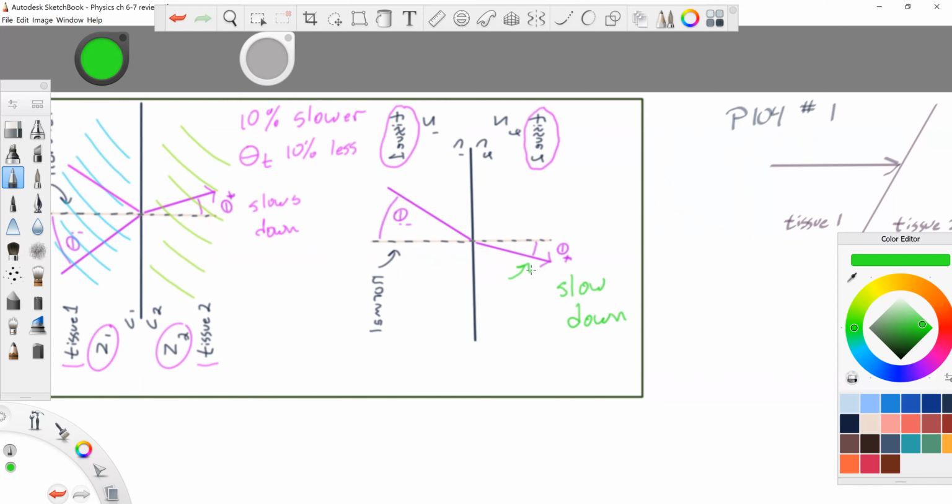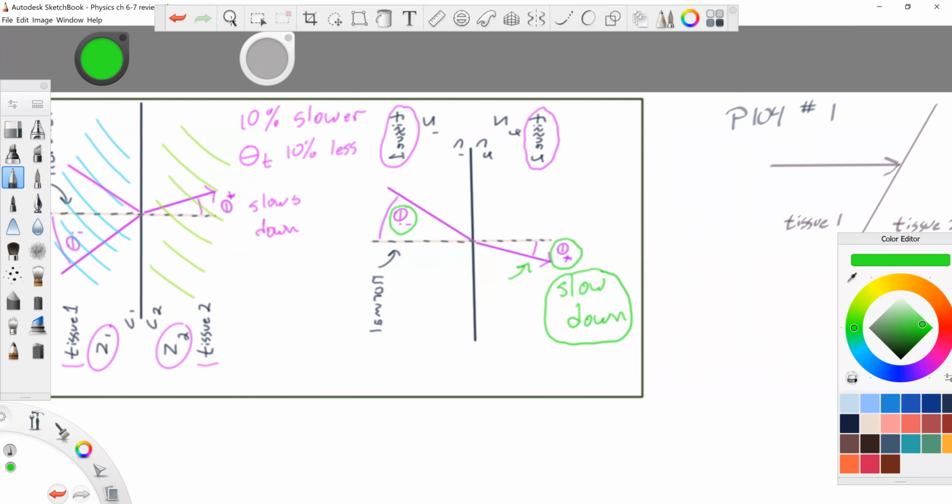Well, it's only up in the way we drew this. Theta t is still smaller than theta I. So slow down still works. Okay, you get that? That's where I wanted to go with that.